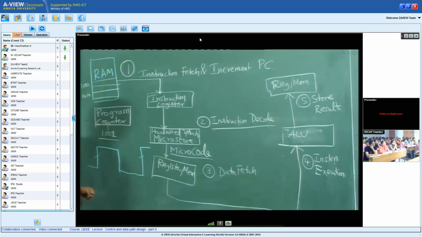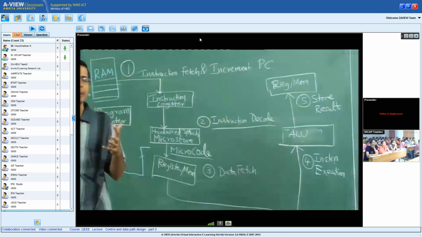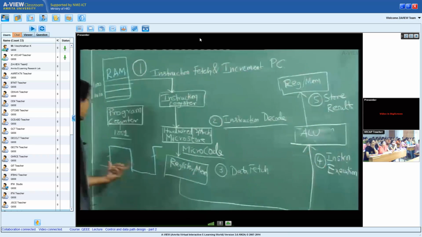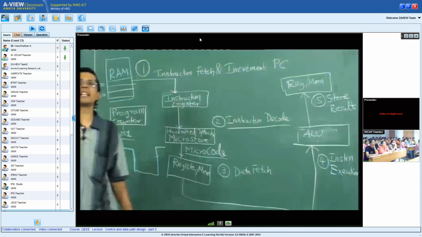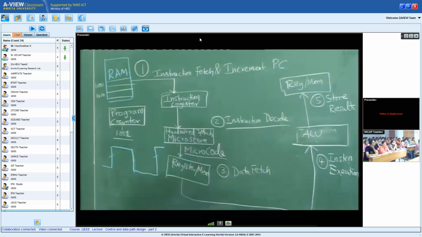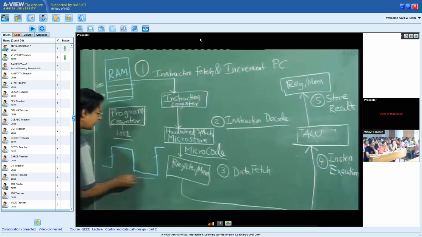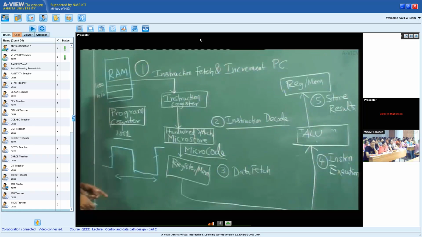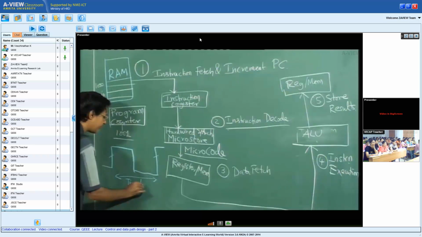Now a single cycle execution means in one cycle of the clock one instruction gets executed, right? So what should be the duration of this cycle, or what you call the time period of this cycle?